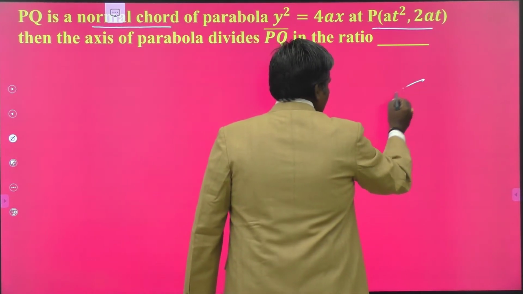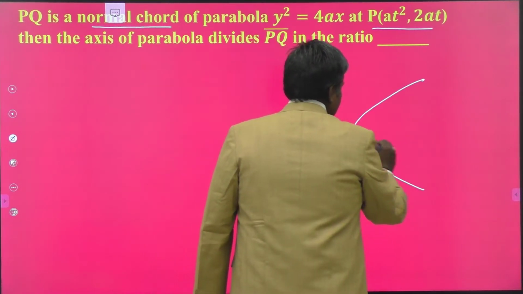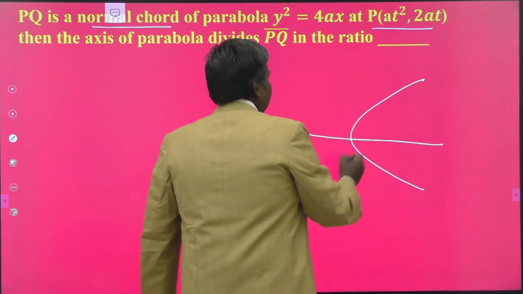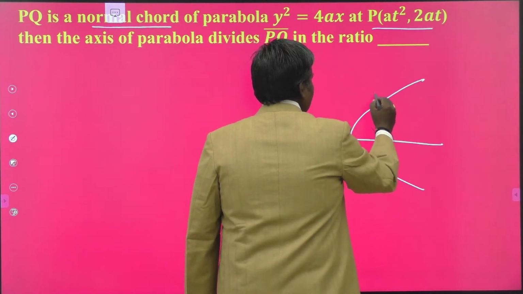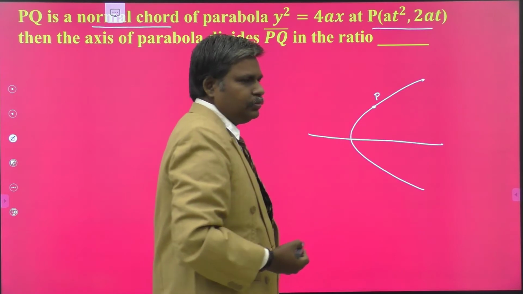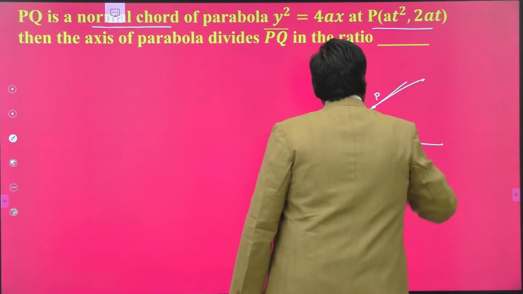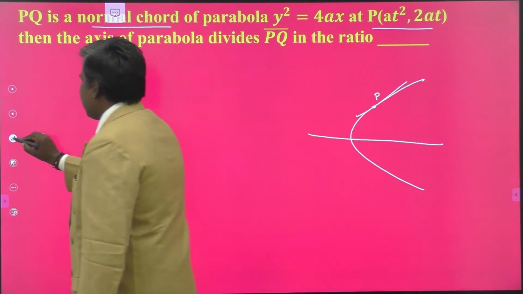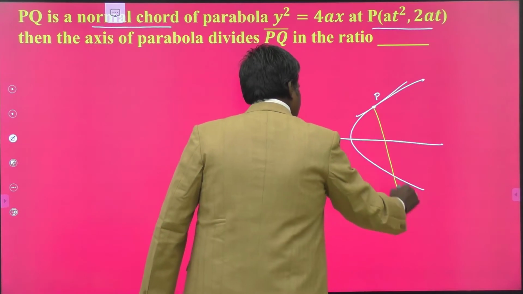So this is the parabola y square is equal to 4ax. This is the axis of the parabola. P is any point in the plane of the parabola, that is on the parabola. This is the tangent at P. Now we have to write the normal at P to the parabola. This is the normal at P to the parabola.